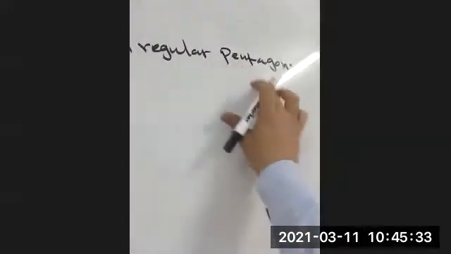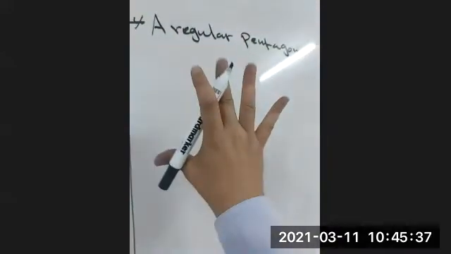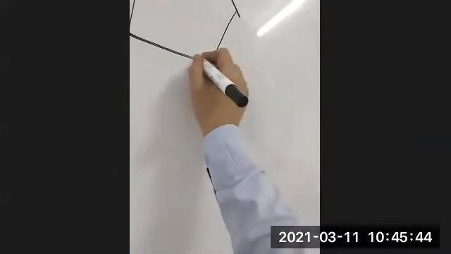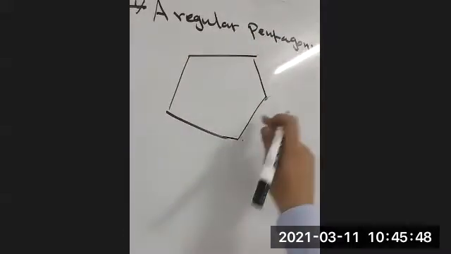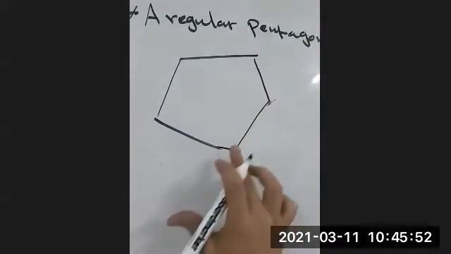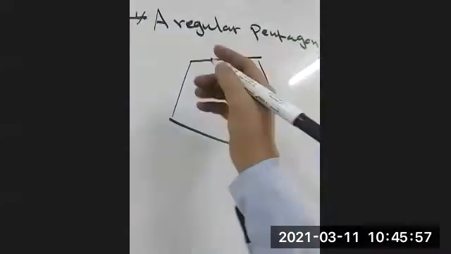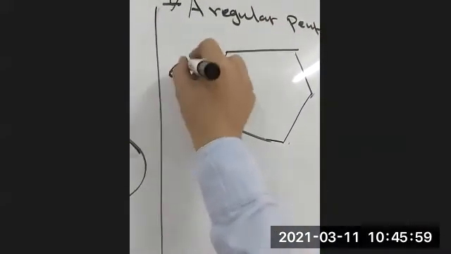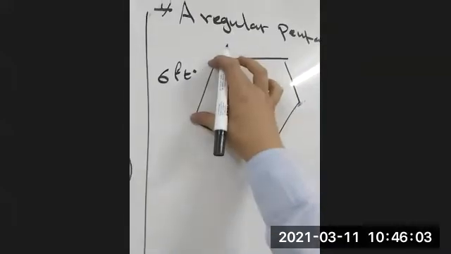A regular pentagon means 5 sides: 1, 2, 3, 4, 5. When I say regular, it means they have the same side lengths. Don't forget that. Let's assume the side length is 6 feet.